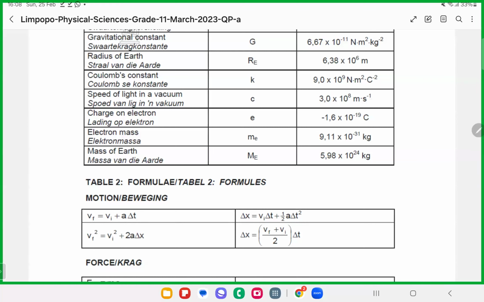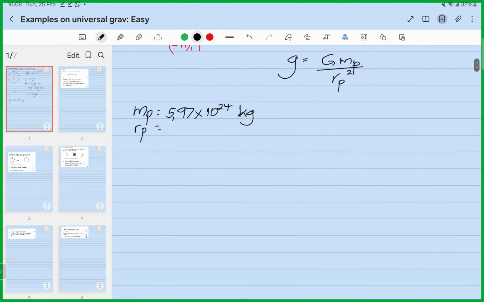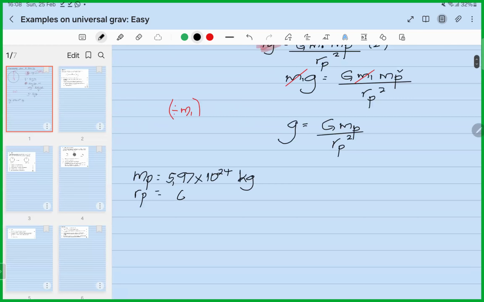Not 5.97. I saw papers where they had 5.97, so I'm going to leave it as 5.97. But that very rarely changes. 6.38 times 10 to the 6.